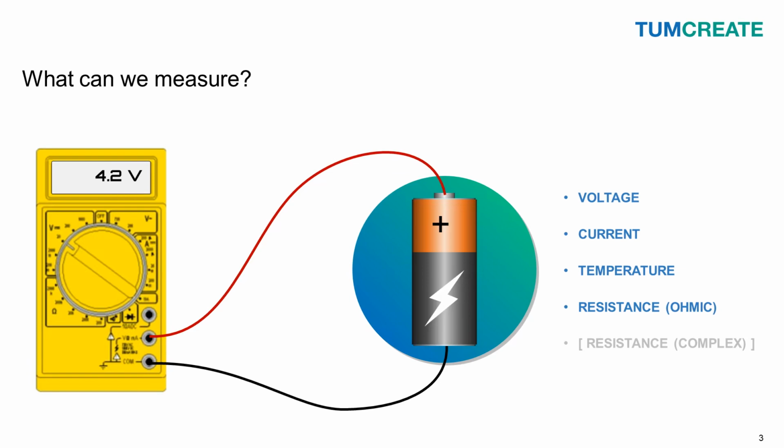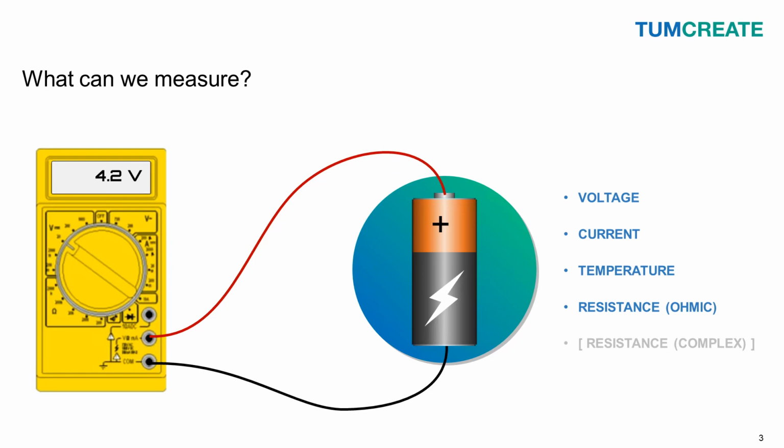Another thing we can do is measure the complex resistance or the impedance. We cannot do that with a simple multimeter, so we need to apply a current pulse over a range of frequencies. And based on the response we get from our battery cell, we can see how the cell responds to different frequencies. And generally, the idea is that these various frequencies correspond to different mechanisms which happen inside a cell.